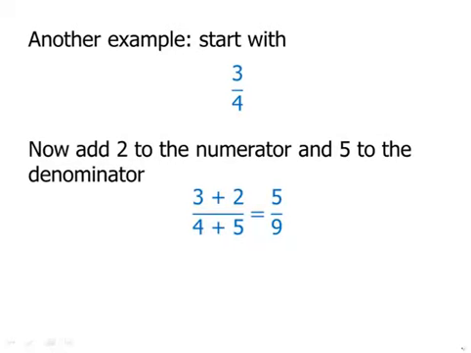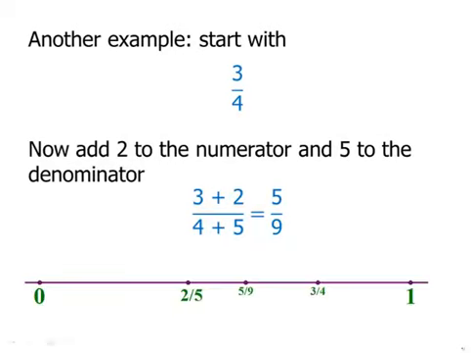Well, think about where we are on the number line. 3/4 is up here, larger than 2/5. Adding 2 to the numerator and 5 to the denominator moves us down, moves us to 5/9. So we see that 5/9 has to be less than 3/4. So it allows us very efficiently to compare these two fractions.